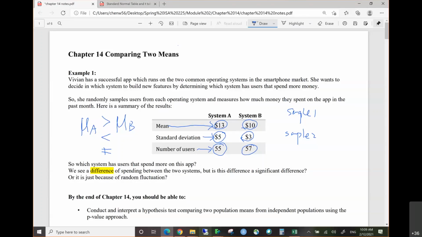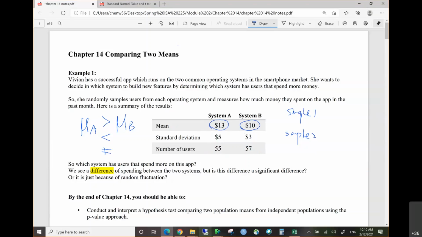Before we do any hypothesis test, if we look at these two samples, the mean of sample A is 13 and the mean of sample B is 10.